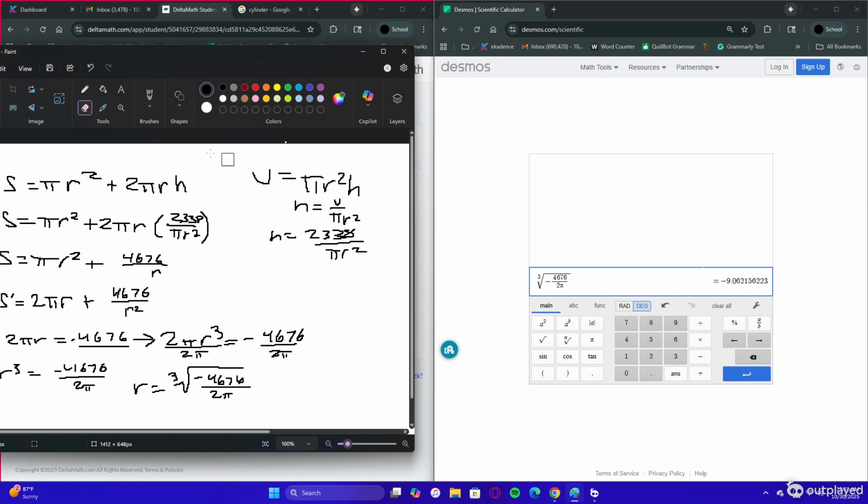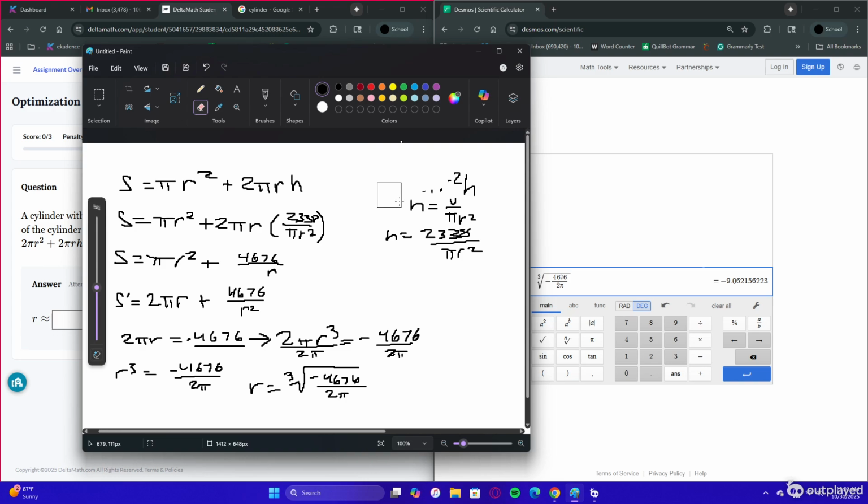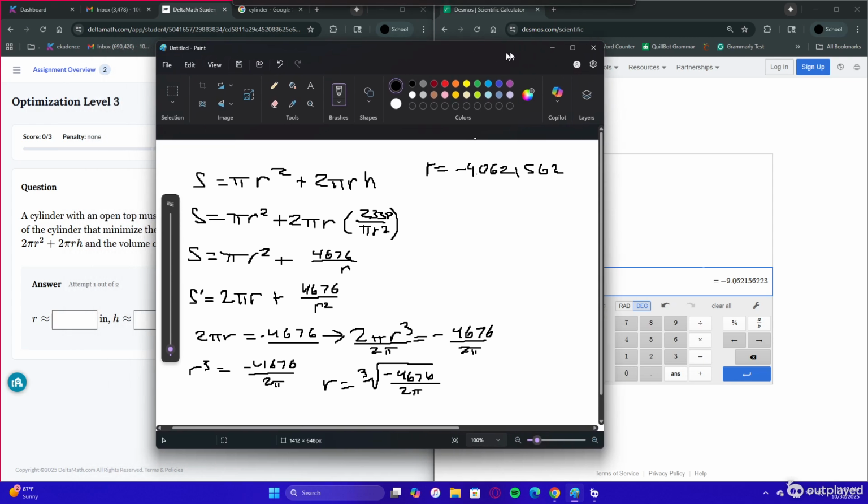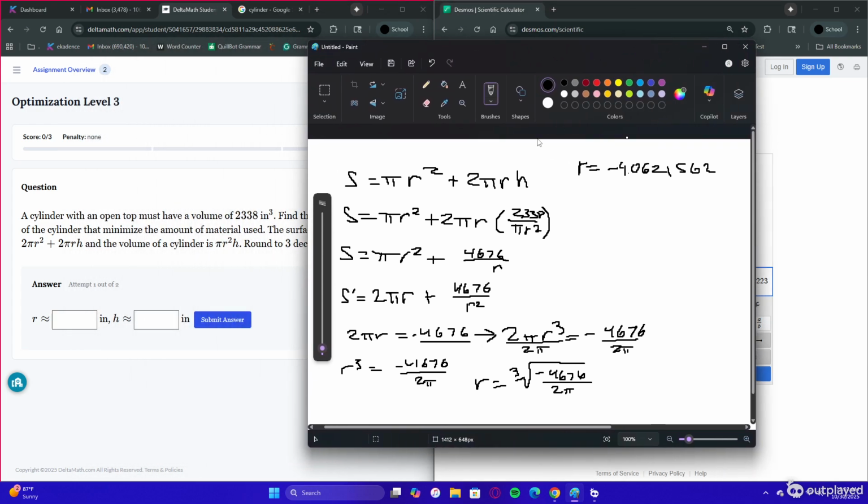So our r would be equal to negative 9.0610621562. Yep, that's our r. And remember that we have our h that we got earlier in terms of r, and that's right here.